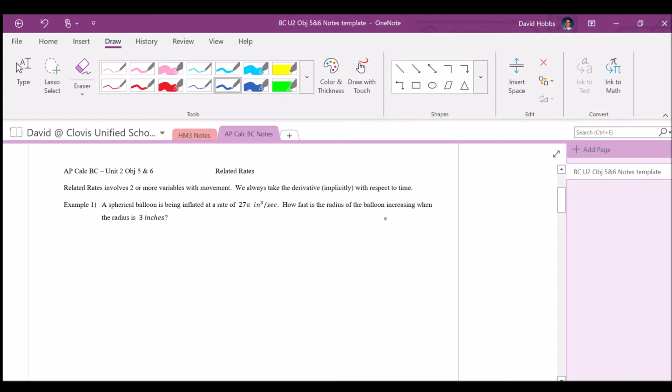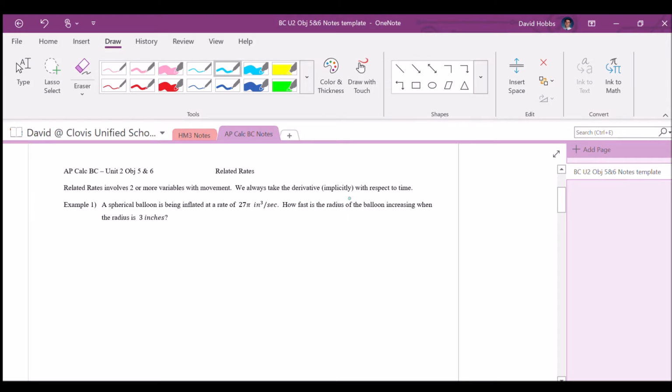How fast is the radius of the balloon increasing when the radius is 3 inches? Let's take a look and see what all they've given us here.